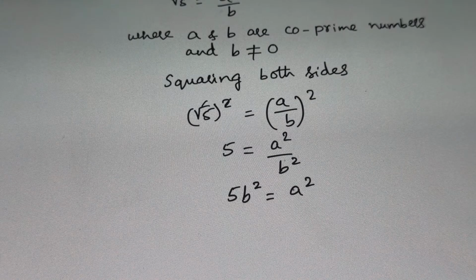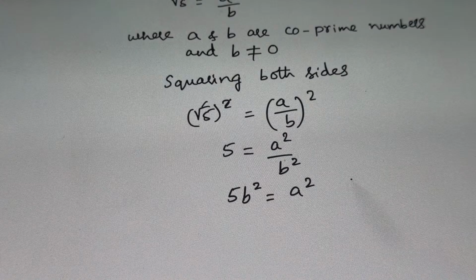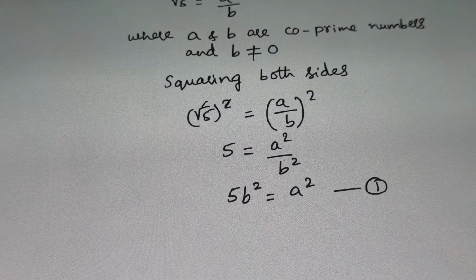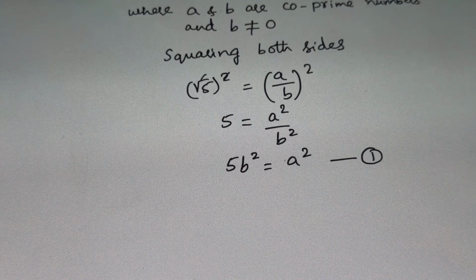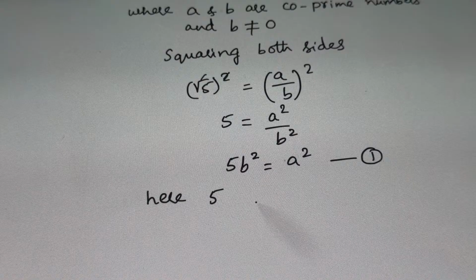Let this be equation 1. This makes clear that 5 can divide a square and also a. 5 can divide a square and a.